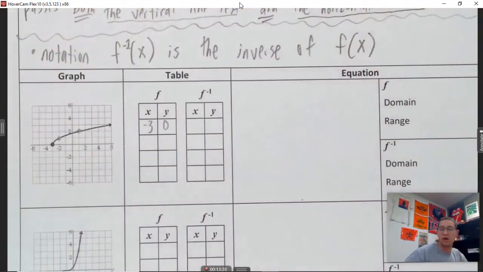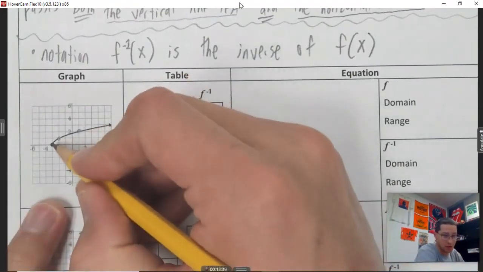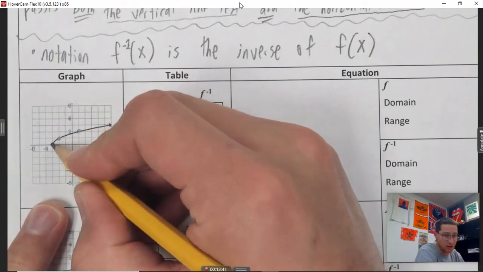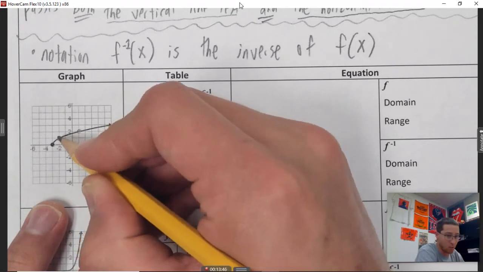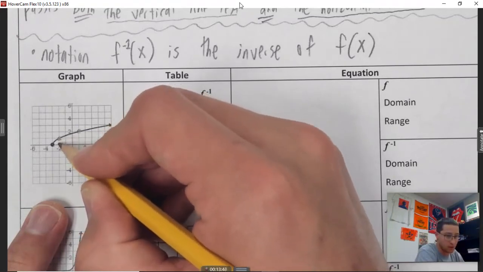Right off the bat, just for good practice, hopefully we can tell that this is a square root function. The reason I know that is because of this shape right here. This is like my starting point, and I'm up 1, 1. The square root of 1 gives me 1.